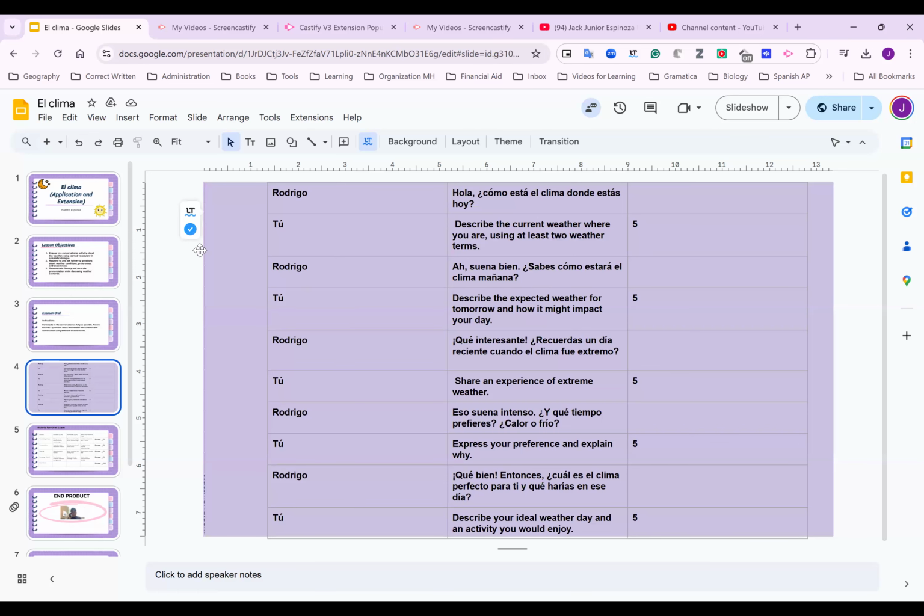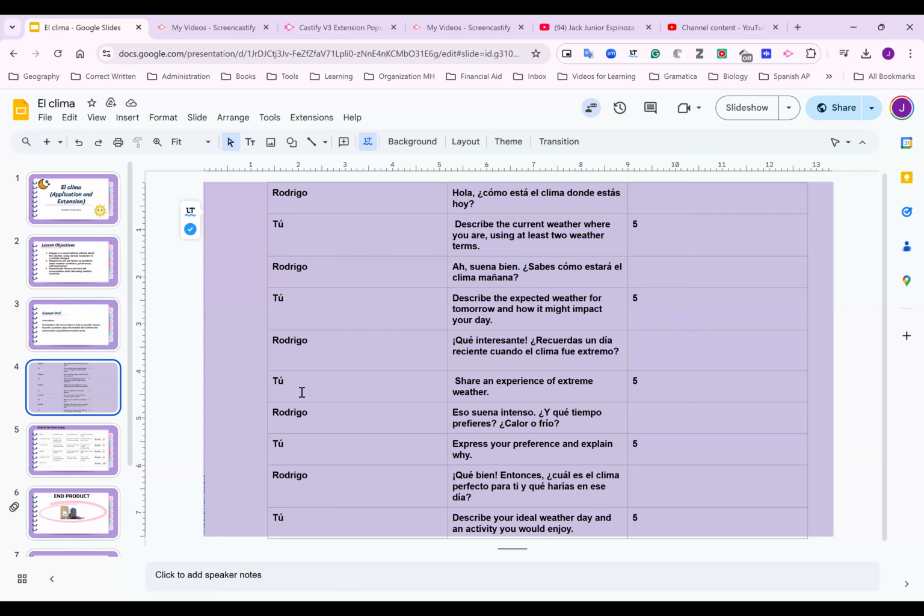In this conversation, your job is to answer each question that Rodrigo asks you about the weather. For each response, make sure to include details using the weather vocabulary that we already did. Remember to respond to each question thoughtfully and with complete sentences. When you finish, record your responses on Seesaw.